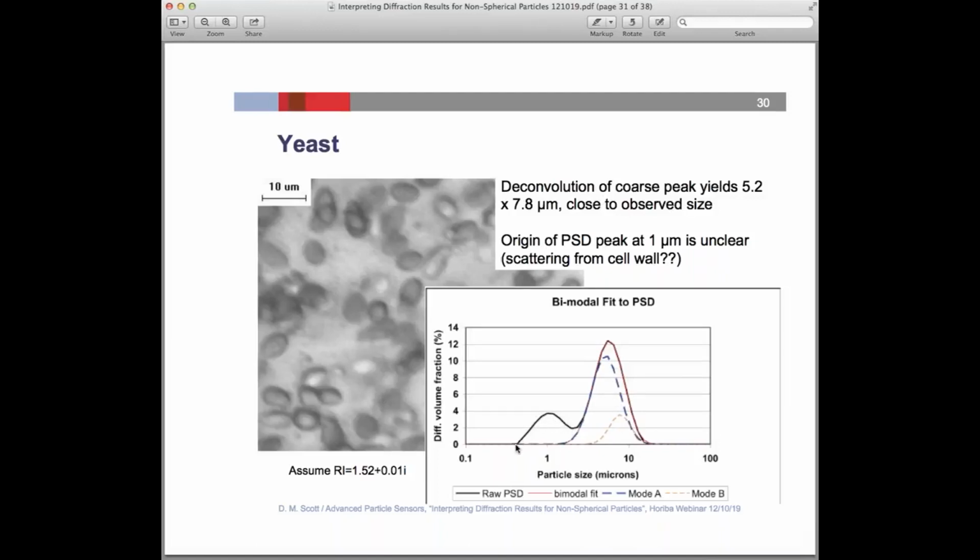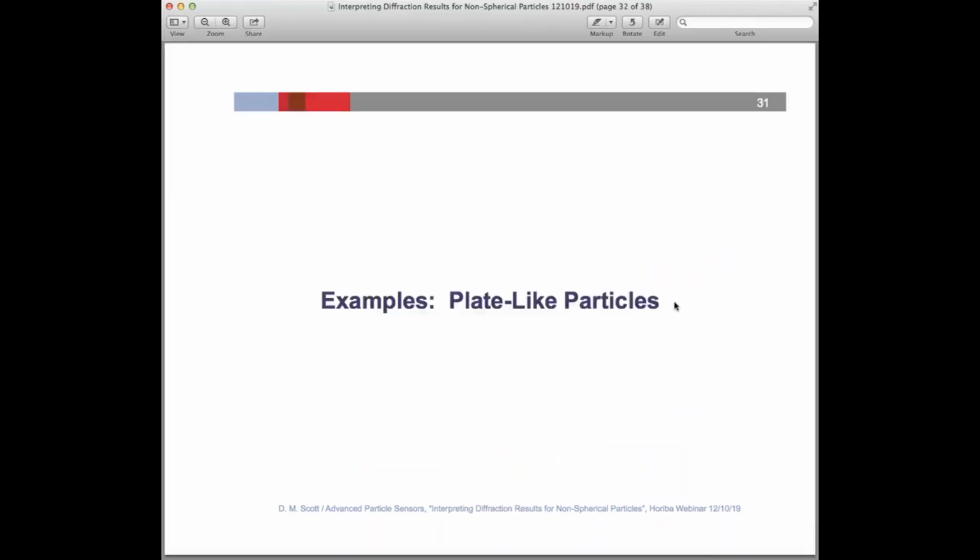This is the laser diffraction result, giving us a very strong peak at 1 micron. And I'm not sure what that 1 micron is. It might be scattering from the cell wall. It might be something else. Point is that when you start getting down to these fairly small aspect ratios of like 1.5 or thereabouts, it becomes harder to apply this technique.